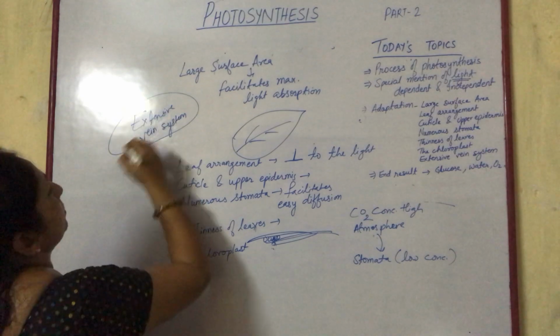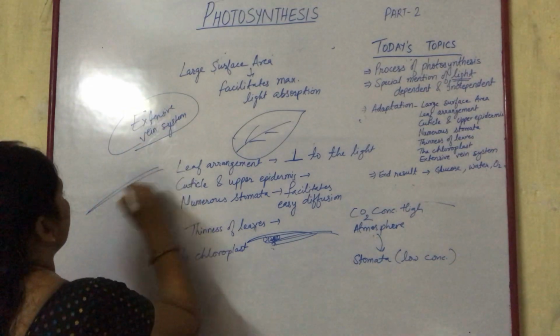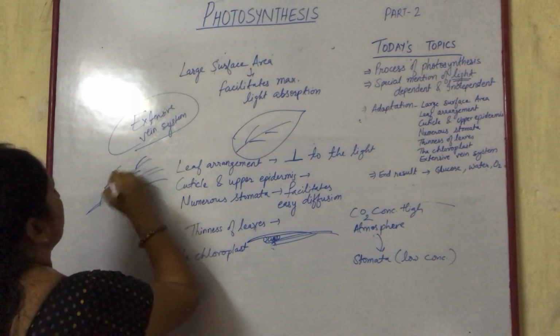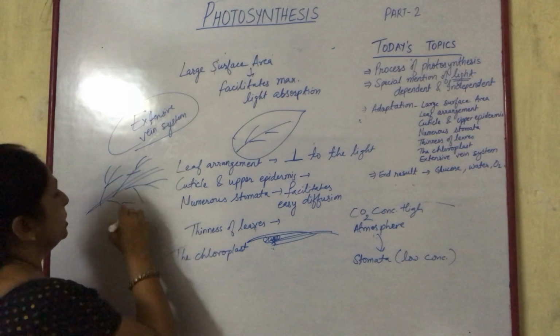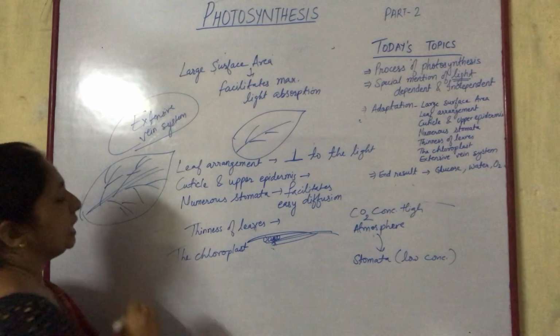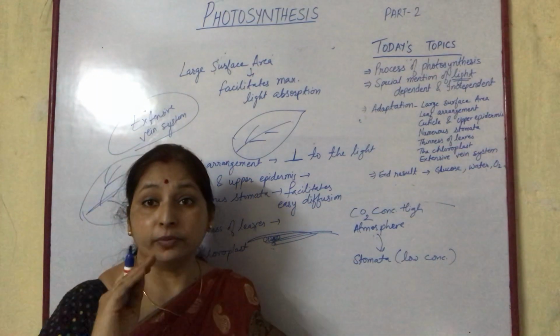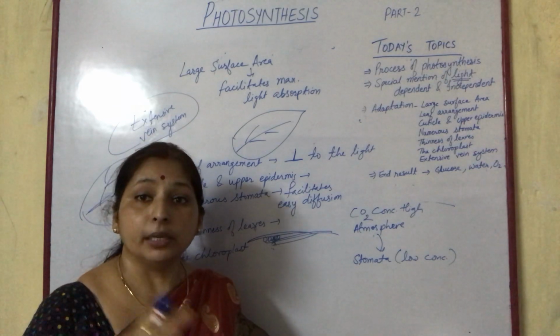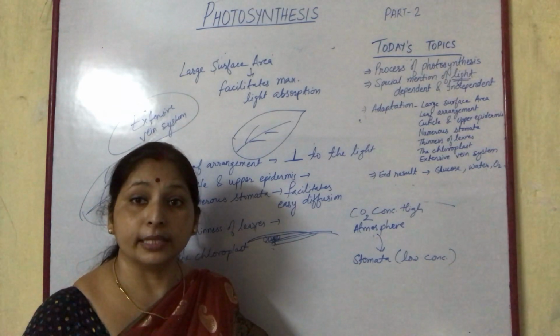Extensive vein system, suppose this one, what does it do? The extensive vein system helps in easy translocation of material to and fro from the phloem or to the mesophyll cells.